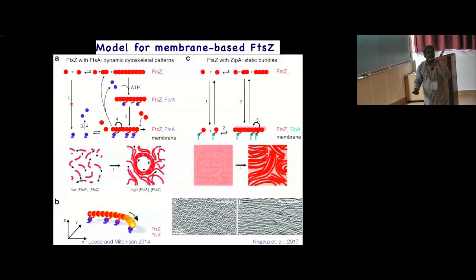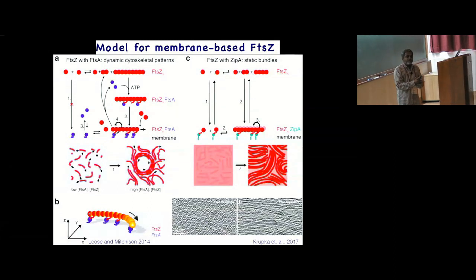FtsA itself assembles into these ring-like structures on lipid bilayers with its membrane anchor, and over that is the FtsZ filament. So this is the bottom lipid bilayer, then FtsA, and over this FtsA, at the next top level, the FtsZ filaments are running across these FtsA rings. So what FtsA is doing here is preventing these FtsZ filaments from coalescing together into bundles.